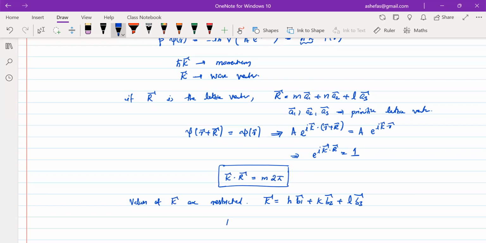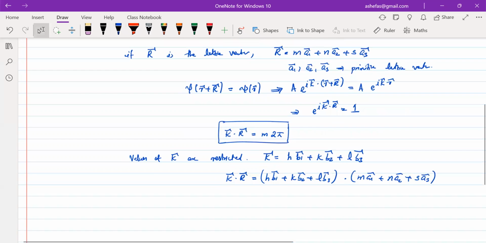Then k dot R can be written as h b1 plus k b2 plus l b3 dotted with m a1 plus n a2 plus s a3. Now this must be equal to some multiple of 2 pi.